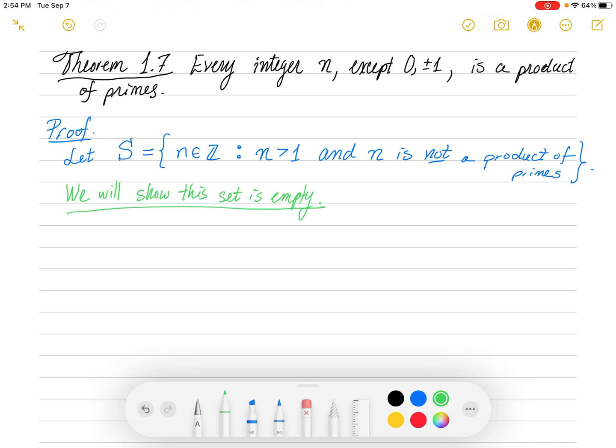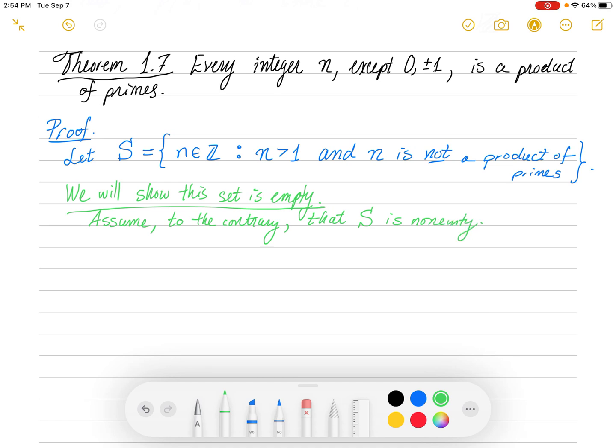I wouldn't know how to prove this directly, so I'd try contradiction. If I were to prove something's empty by contradiction, let's pretend it's not empty. So let's assume, to the contrary, that S is non-empty.